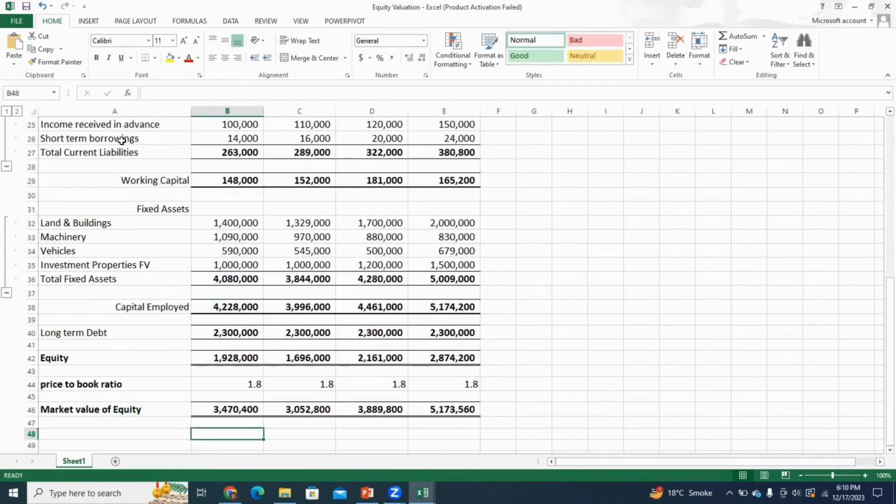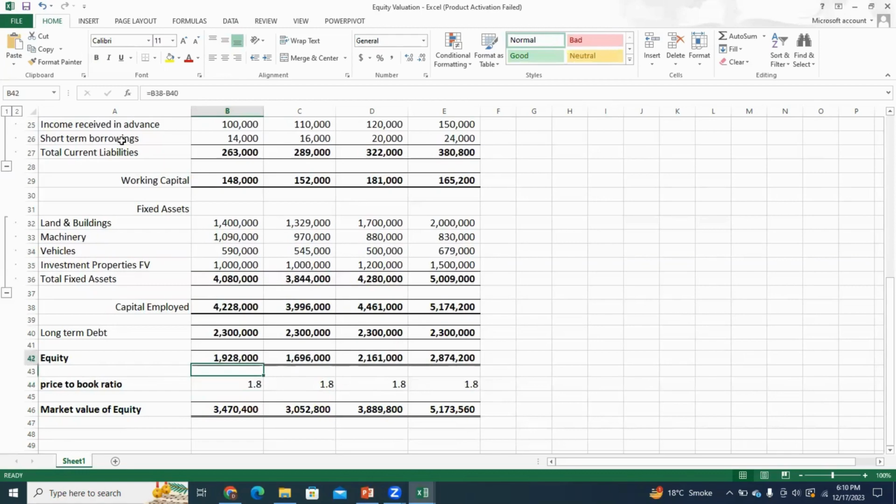This whole statement will also be explained to you, how we can prepare it to get the market value of equity. Price to book ratio, this is the estimation. This comes under the equity valuation. This will be covered under corporate finance or business finance decisions. We'll be understanding what the price to book ratio is, how it is meant for financial modelers, and how we can get the market value of equity.